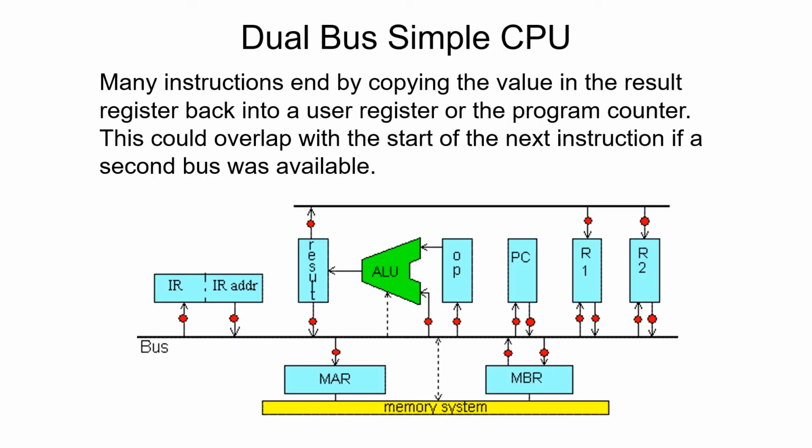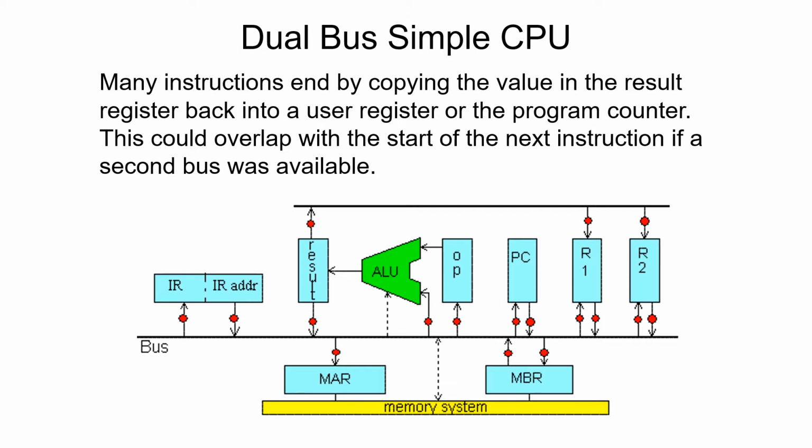Imagine our simple microcode computer. If we wanted to make an enhancement to it so that it could run a little bit faster, most of the arithmetic instructions end by copying the result register onto the bus and into either of the two user registers. The next step is to copy the program counter value into the memory address register and start reading the next instruction.